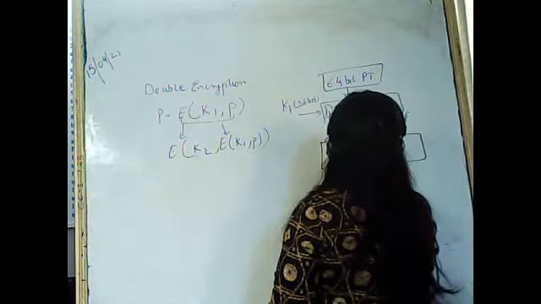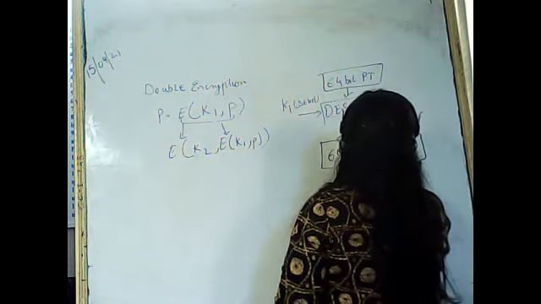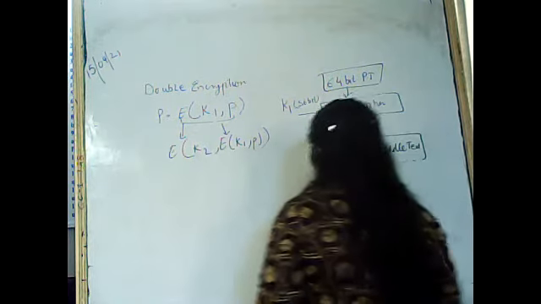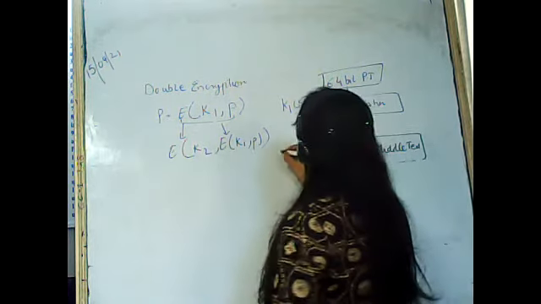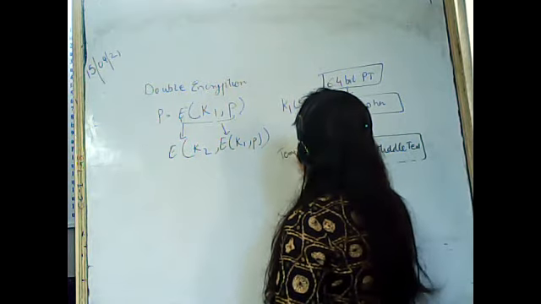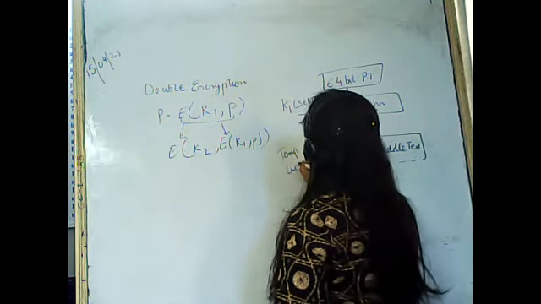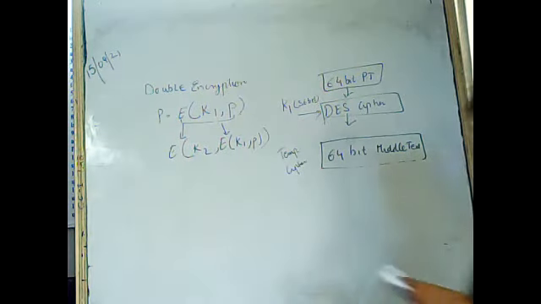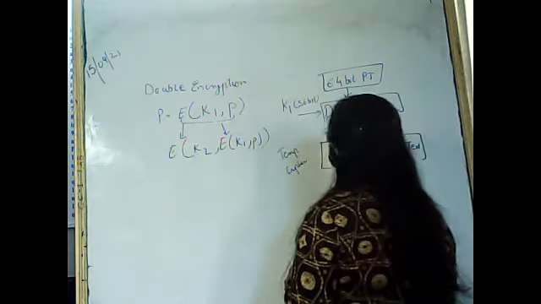Next, we have a 64-bit middle text here, or we can say that it is acting as a temporary ciphertext.